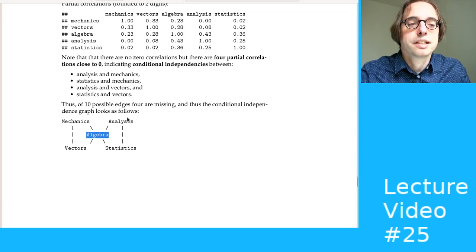In the example sheets you will have to compute your own network for some other data sets. Okay, so that's it for this topic. Unfortunately this is such a big topic that it's almost impossible to do justice to it, even in a short review like this.